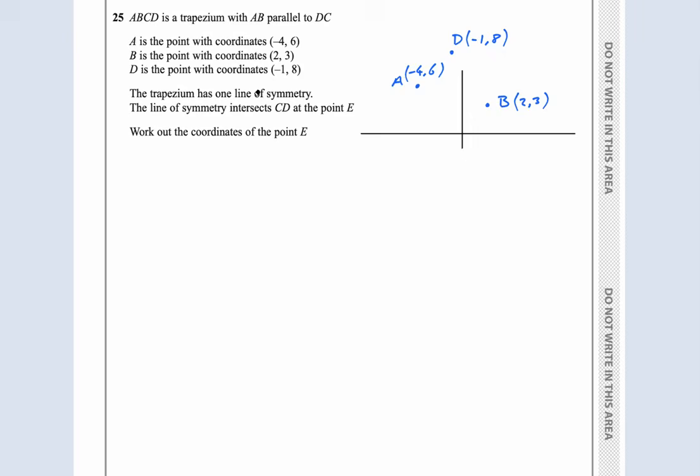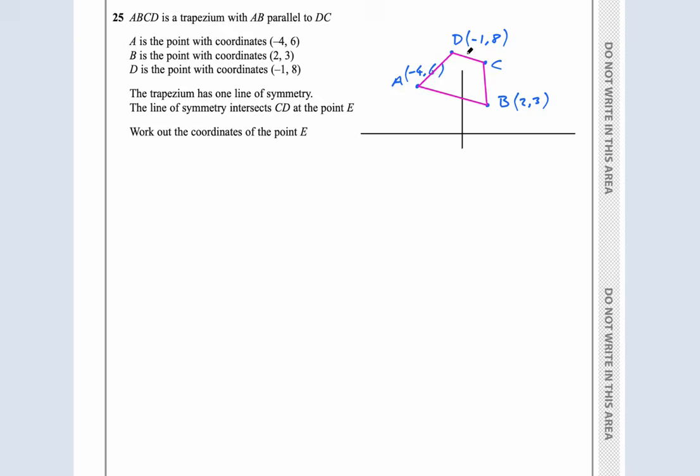Okay, the trapezium has one line of symmetry. So hang on, AB is parallel to DC. So we don't have C, but if AB is parallel to CD, C obviously has to be like here somewhere. And it has a line of symmetry, so let's say there. So this is C. I don't know the coordinates, but it's somewhere there because this is a trapezium with a line of symmetry.